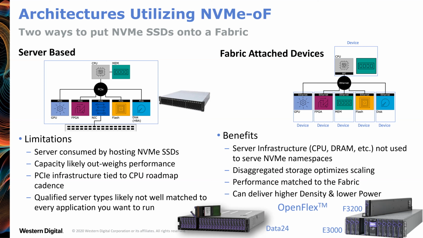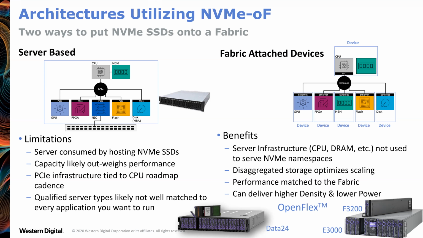So this whole problem of getting tied up into what gen server or what server type am I going to deploy just isn't there anymore. This gives you a lot of flexibility. You can upgrade or expand your flash when you need to, going from TLC to QLC would be a good example, and you're not tied to any server architecture to deploy it.